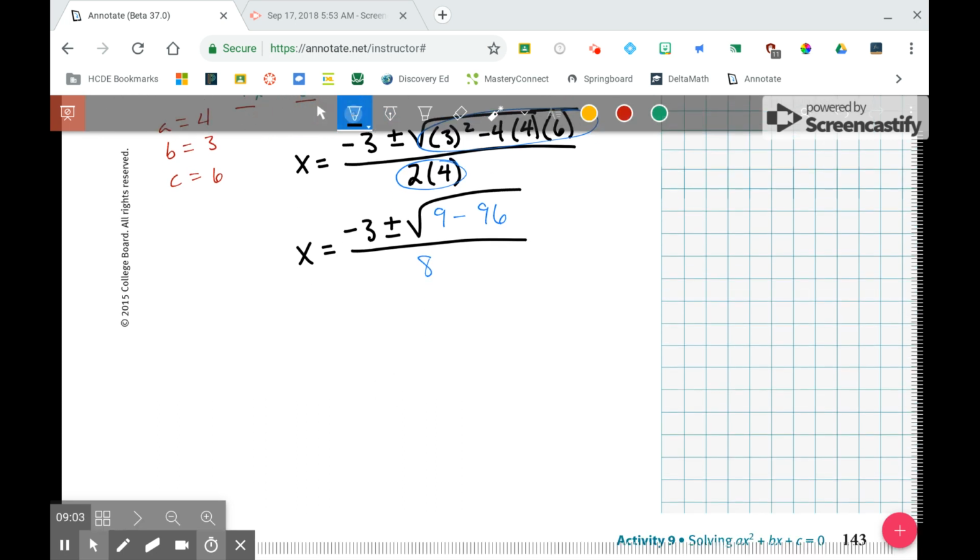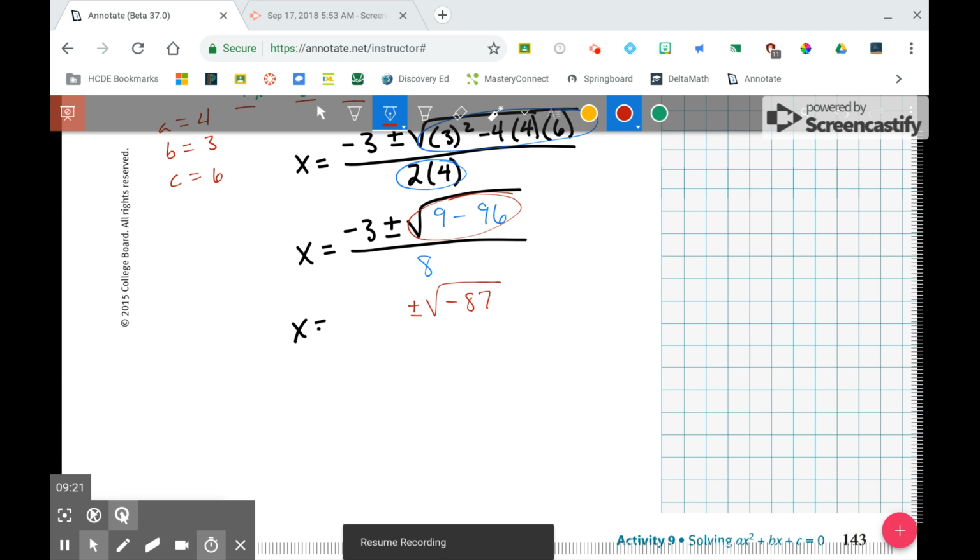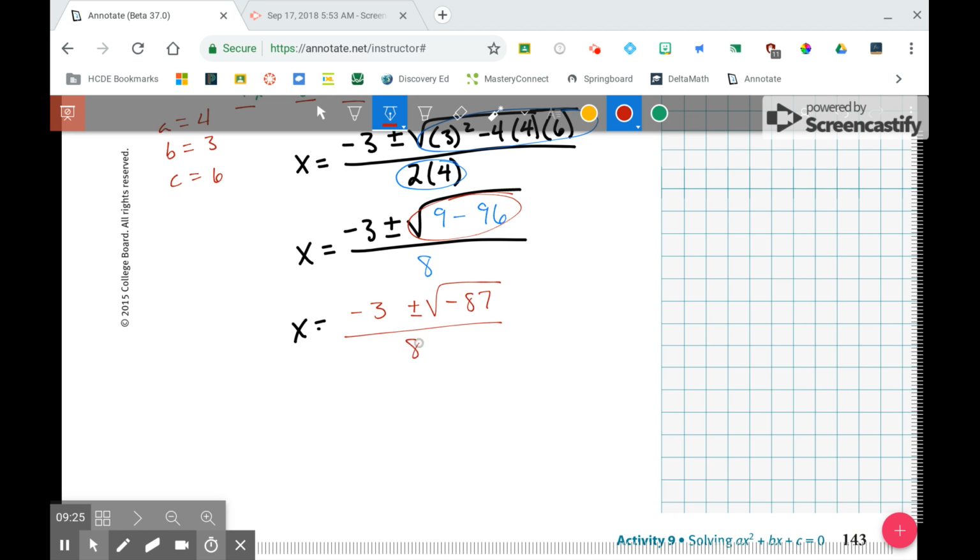So let's keep simplifying. So again, our square root right here, we can write this as plus minus the square root of 9 minus 96, which would be a negative 87. In the other parts of our equation, we still have that negative 3 in front. It's all being divided by 8.